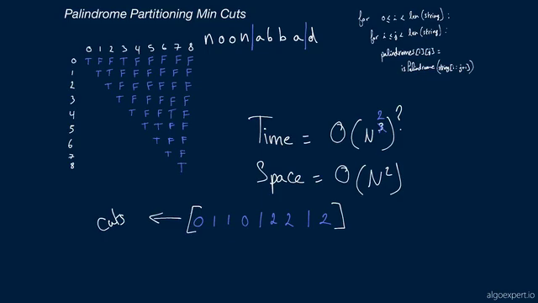And to do so, we're going to realize that, first of all, the first diagonal here is always going to be true, because any single letter, this diagonal represents single letters, right? Letters that start and end at the same index. These are always going to be true because they're always palindromes.